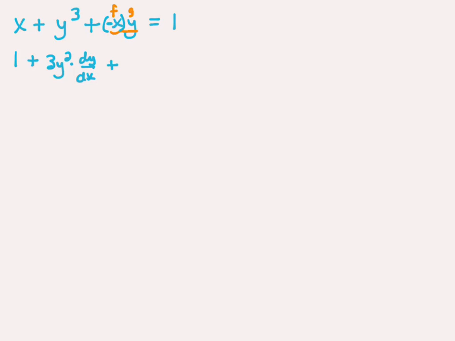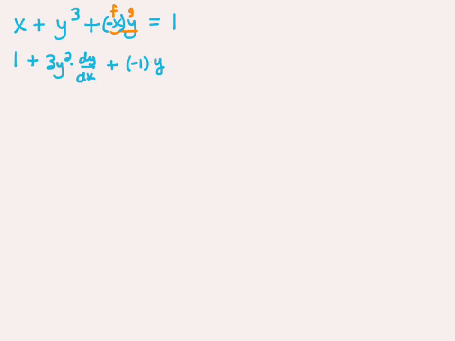Plus, the first term of the product rule is f prime times g. So f prime in this situation is going to be negative 1 times g, which is y. Now here on this term, we don't need to multiply times dy/dx because we're not taking the derivative of y. We were only taking the derivative of the negative x.